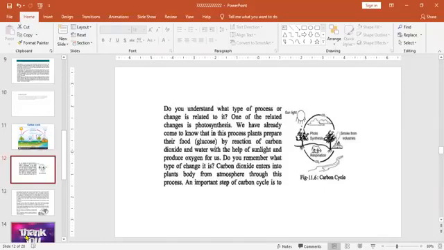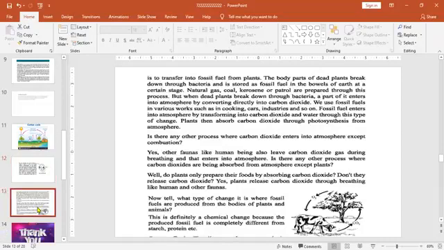Carbon dioxide enters the plant's body from the atmosphere. Through this process, an important step of the carbon cycle, carbon is transferred into fossil fuel from the plants. The bodies of dead plants break down through bacteria and are stored as fossil fuel in the bowels of the earth at a certain stage.